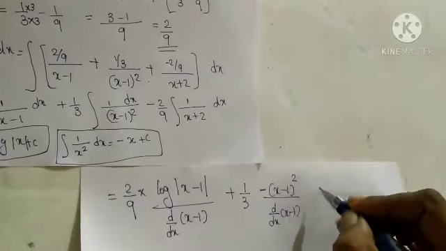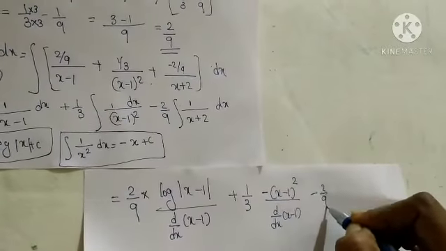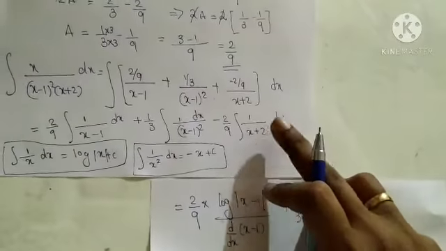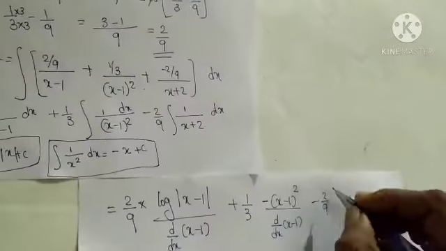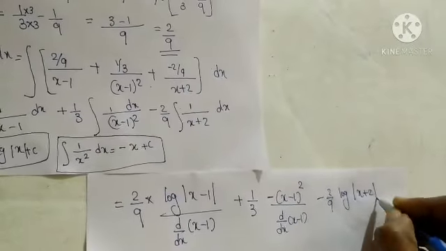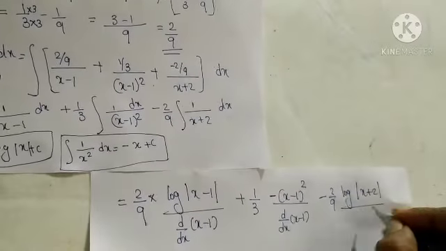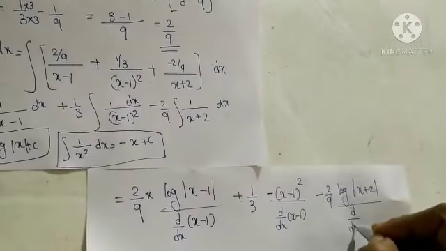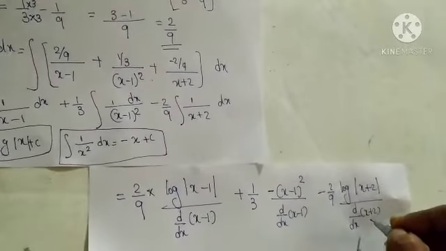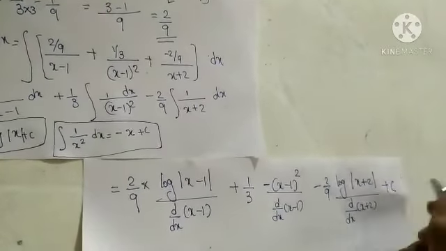Next I am going to write minus 2 by 9 here, and similarly the integral 1 divided by x plus 2 dx, the answer will be log mod x plus 2, and here also x plus 2 is another function. By using chain rule, we need to find the derivative of x plus 2 and write it in the denominator, and also write this plus c here.